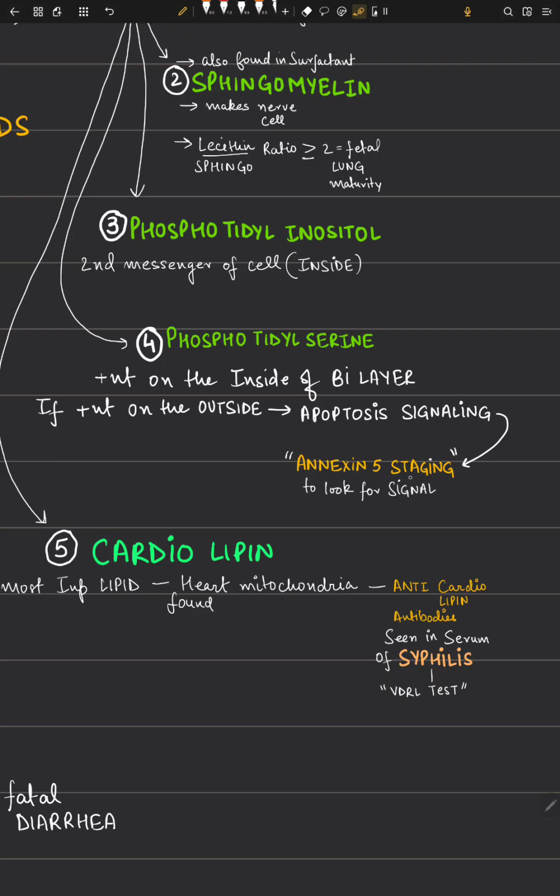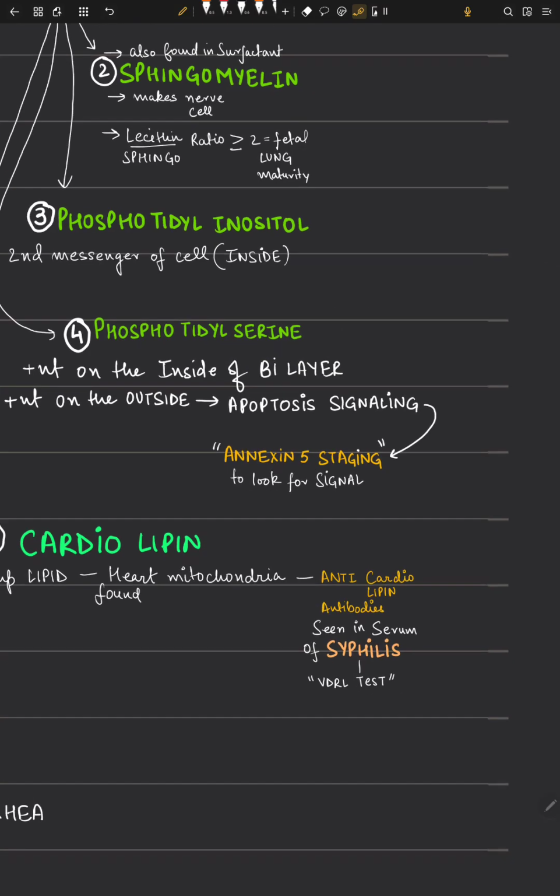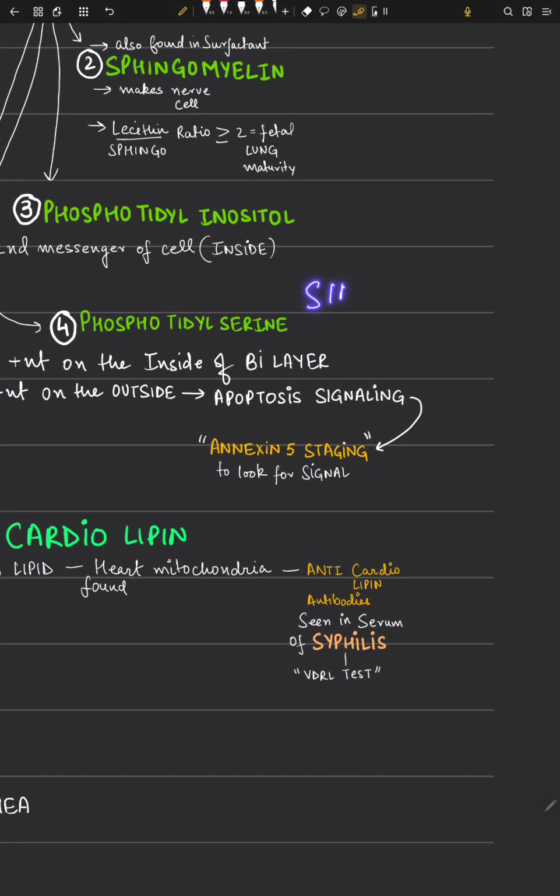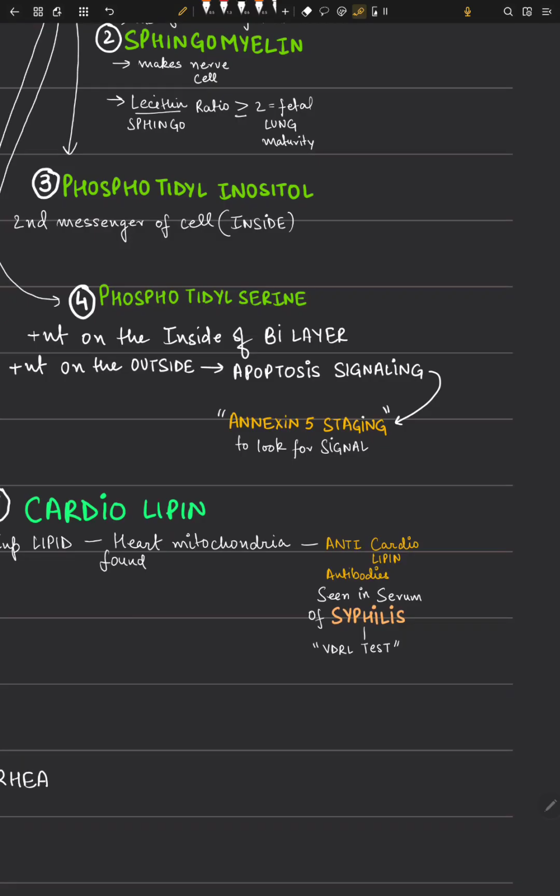We can use annexin V staining to look for this signaling, because if this part of the cell is exposed outside, it means the cell is going to die. I remember this because serine is like someone who sings, like signaling, and usually it's a signal for death, and sirens are like horror figures in the ocean.